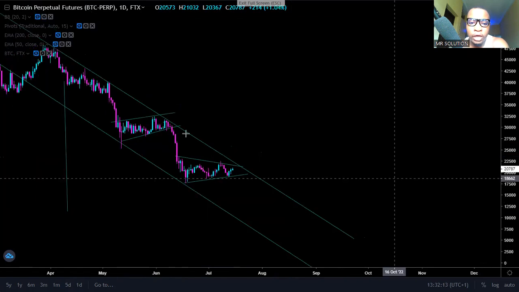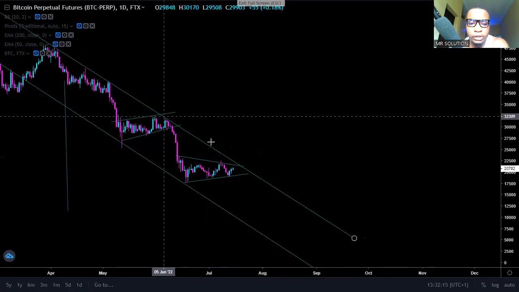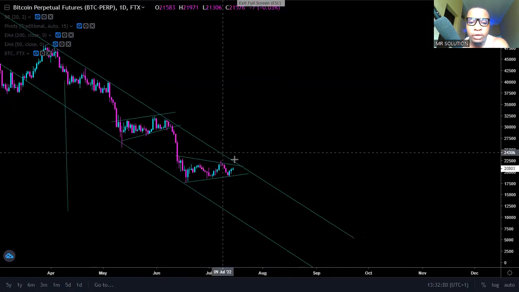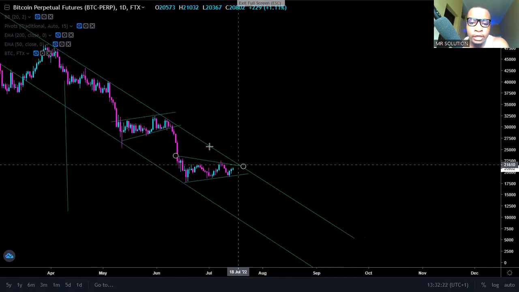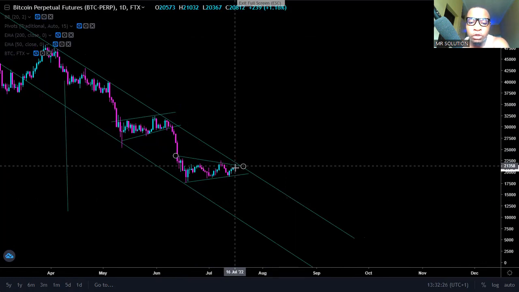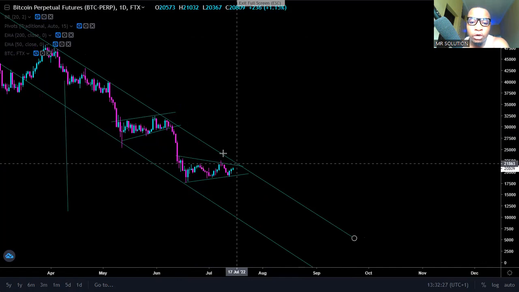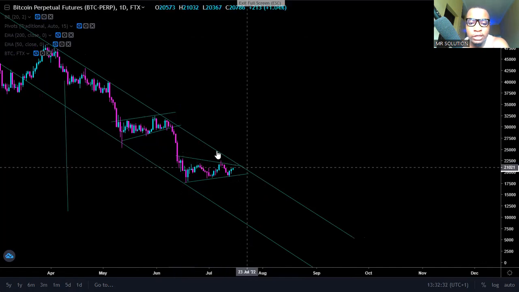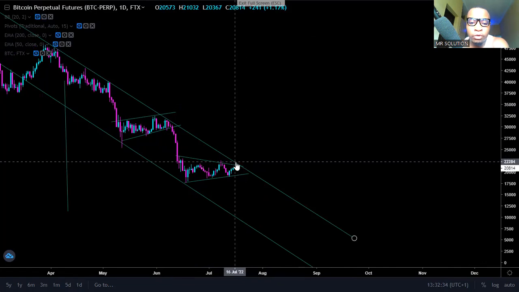We need to pay very good attention to this down sloping resistance line. You need to pay key attention to this very line here. You don't go bullish until BTC actually crosses above this down sloping resistance line. You need to see BTC close above this resistance line.